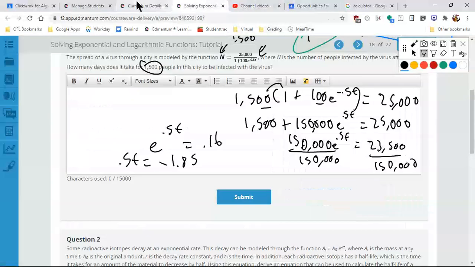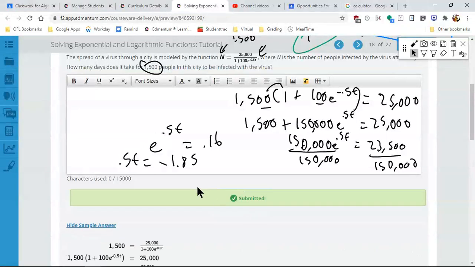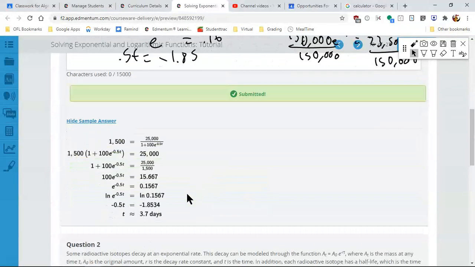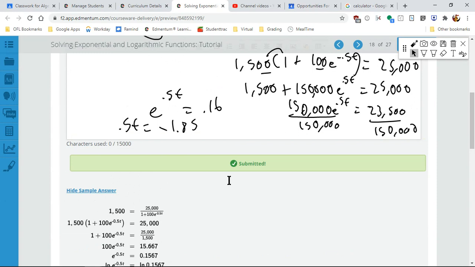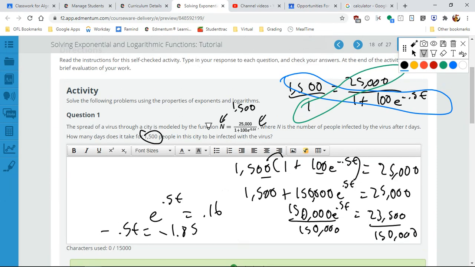So I'm not sure what exactly happened here. All the math seems right. Let's see where I might have made an error. Why is it negative? So apparently this was supposed to be a negative. Let me see why it would be negative. Oh, there's a little negative right there.